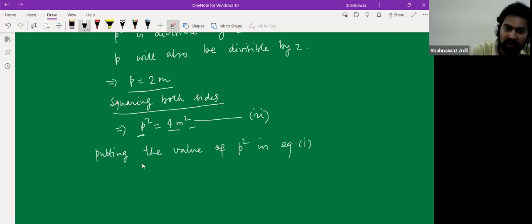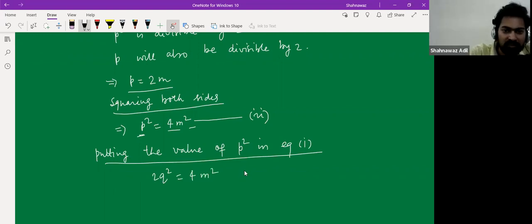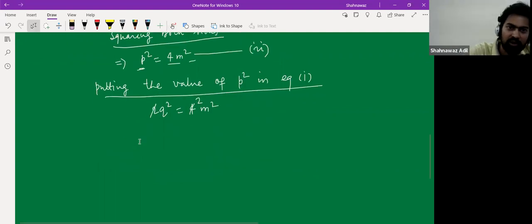So what we will get is 2q square equals 4m square. So this will cancel out, and we can write q square is equal to 2m square. So you can see that 2 is a factor of q square.